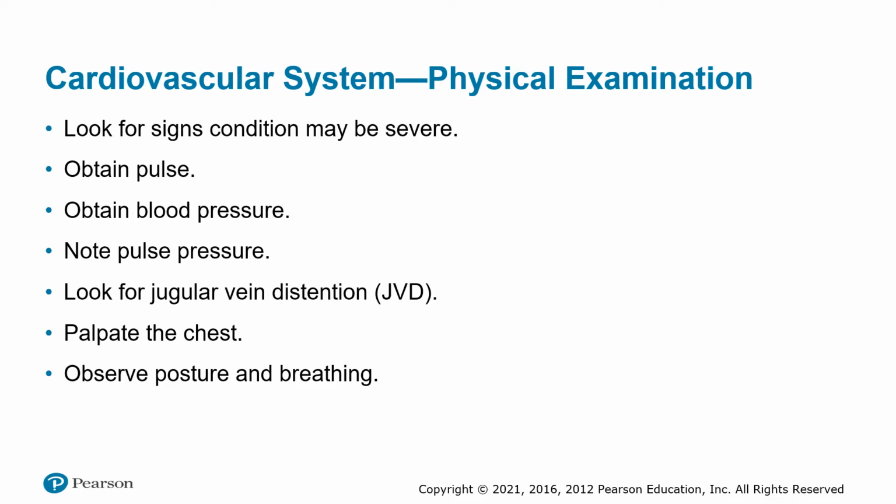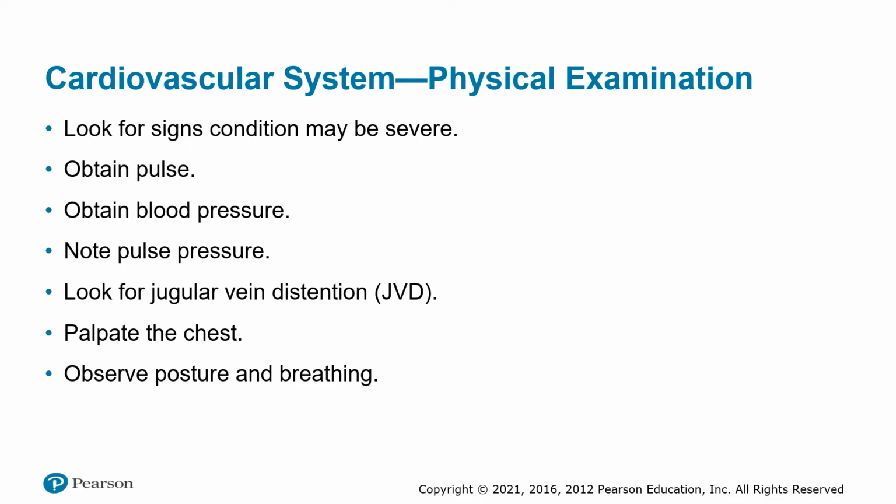Pulse pressure is your systolic minus your diastolic, and that gives you a pulse pressure. A narrowing pulse pressure would indicate something like trauma to the heart, or something like that.